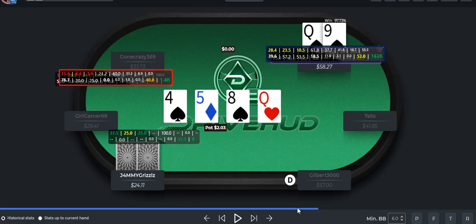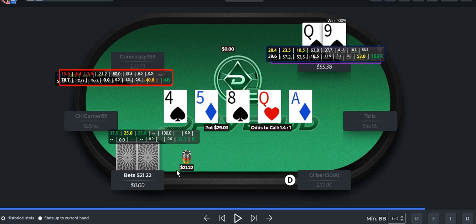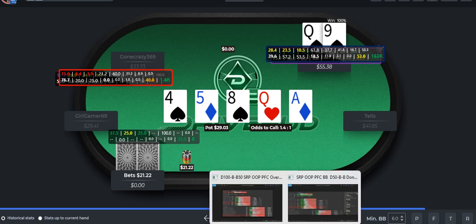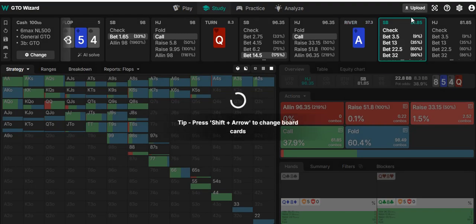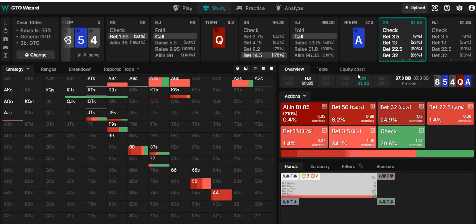All right, let's follow along down here. I call, and now the river comes an ace of diamonds. And he goes all in, for about 3x pot. Let's see if this is a theoretical line as well. It's not really a theoretical line when the ace comes, because the ace is very polarizing.